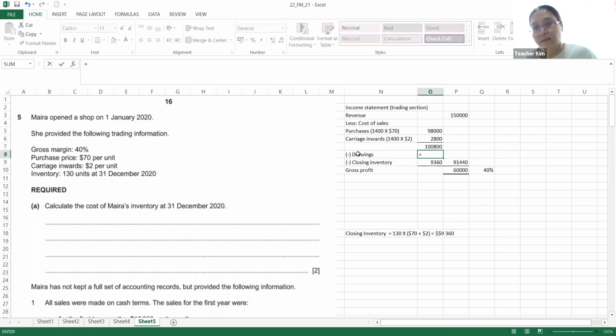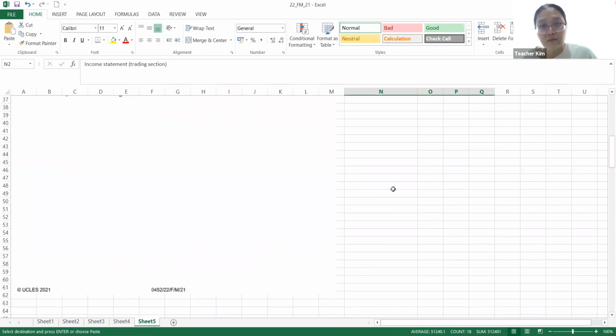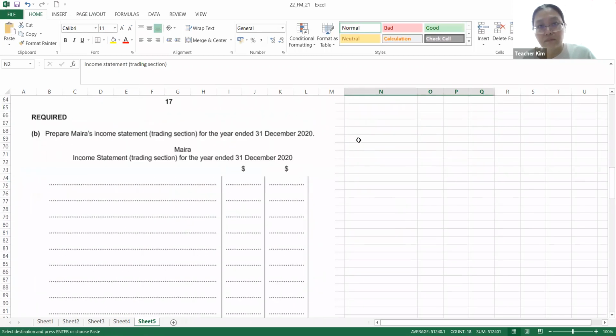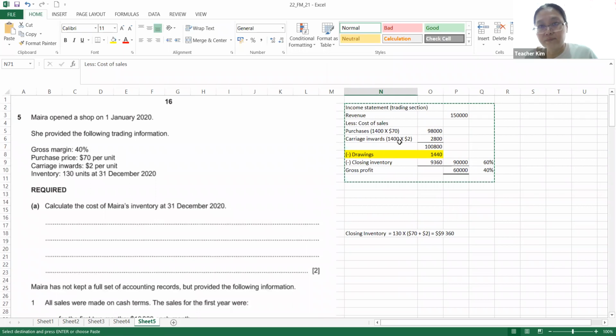We want to find the drawing, so we take this, minus this, and minus this. So this one, 60%. Okay, so our drawing amount is 144. So this is the information that we have for this section.